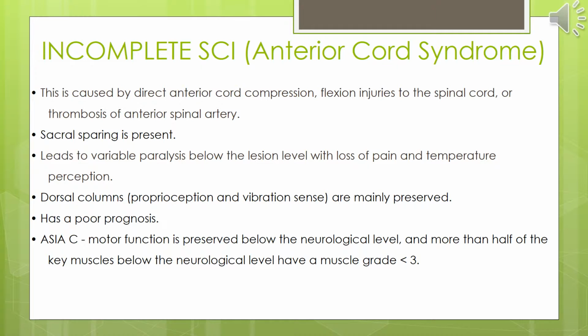Dorsal columns, proprioceptive, and vibration sense are mainly preserved. Has a poor prognosis. And the ASIA results: C. Motor function is preserved below the neurological level, and more than half of the key muscles below the neurological level have a muscle grade less than 3.